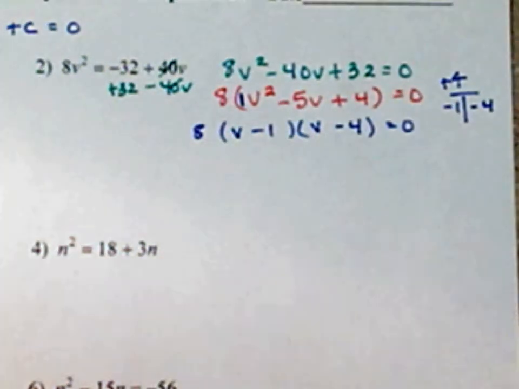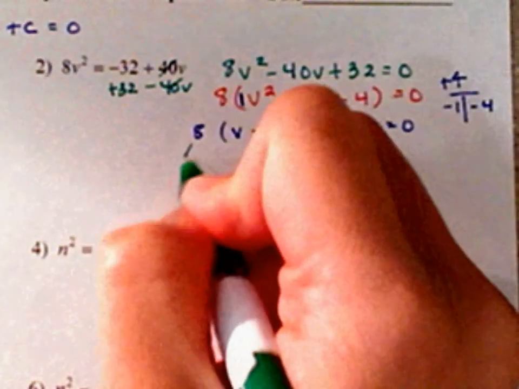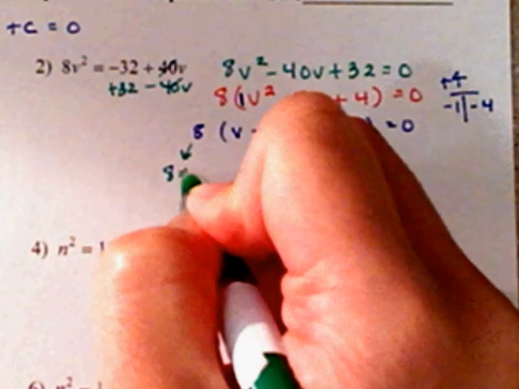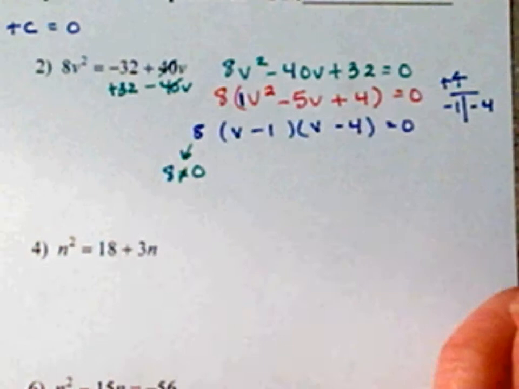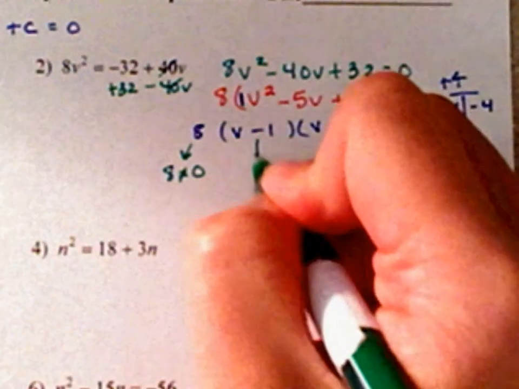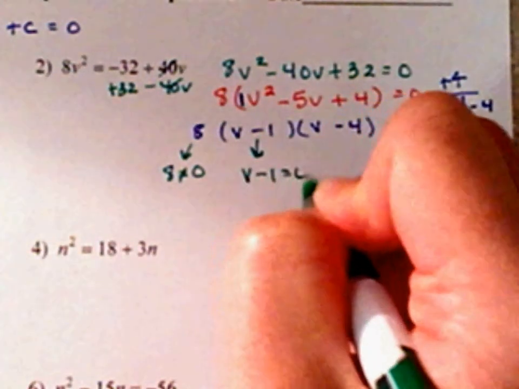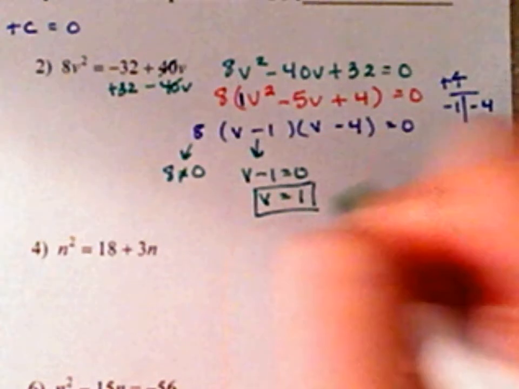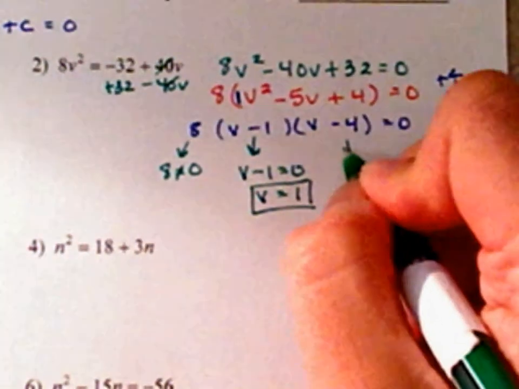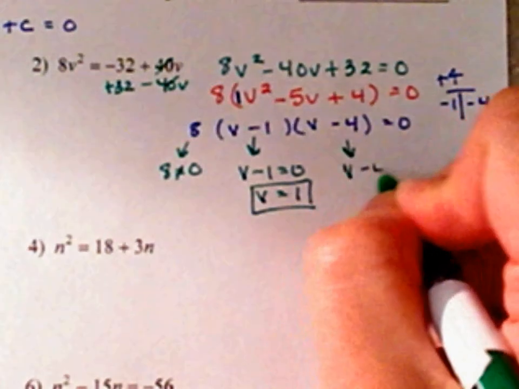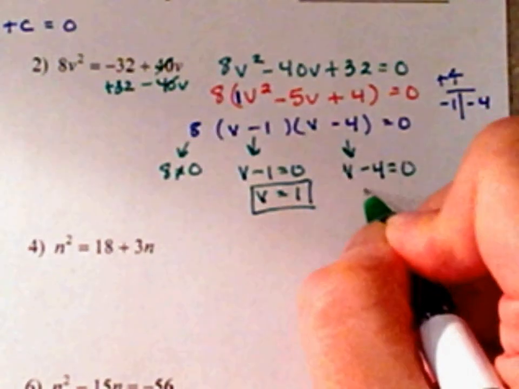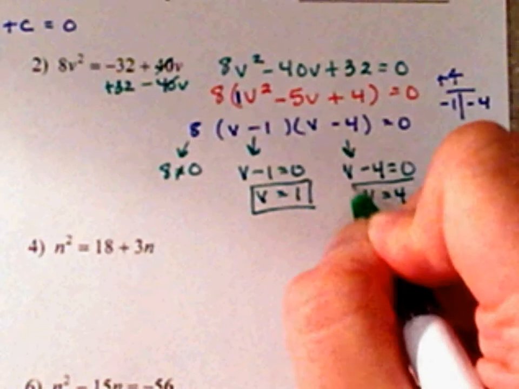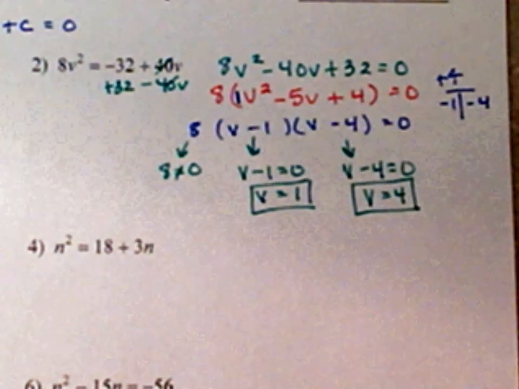Set each of these equal to 0. 8 is equal to 0, which is not true, so I can discard that. Set this one equal to 0. v minus 1 equals 0. Add 1 to both sides. v is equal to 1. Set this one equal to 0. Add 4 to both sides, so v is equal to 4. And there are your two answers.